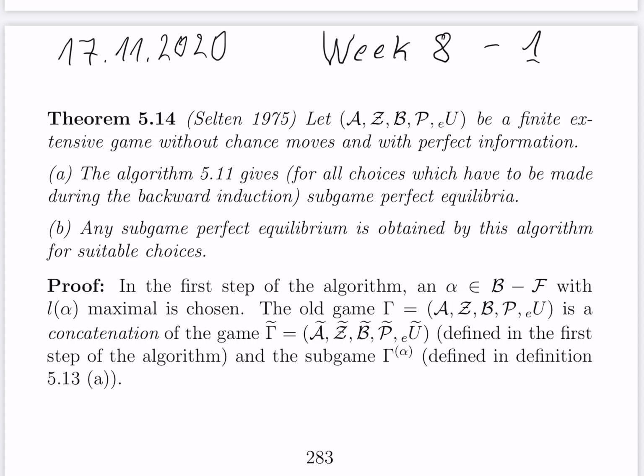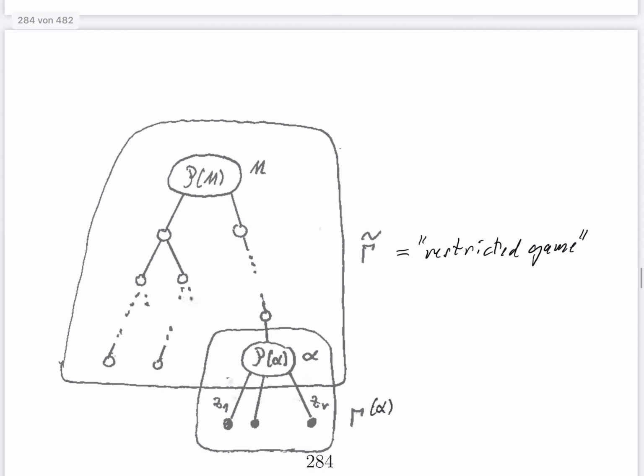So the old game can be considered as a concatenation of the restricted game, where alpha is a final play, and the subgame which starts at alpha. I will not define now the notion of concatenation. I think from the picture it should be clear. So here you see the picture.